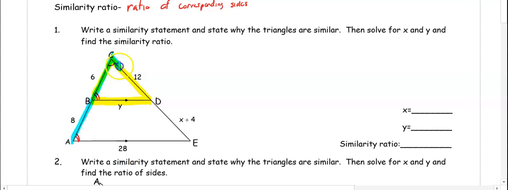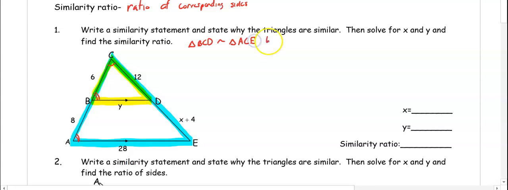Now we know that the two triangles have two congruent angles, they are now similar. So we can say triangle BCD is similar to triangle ACE by angle-angle similarity.